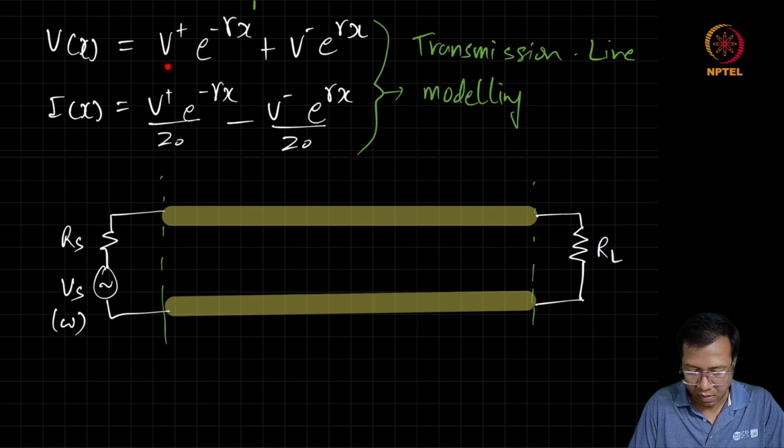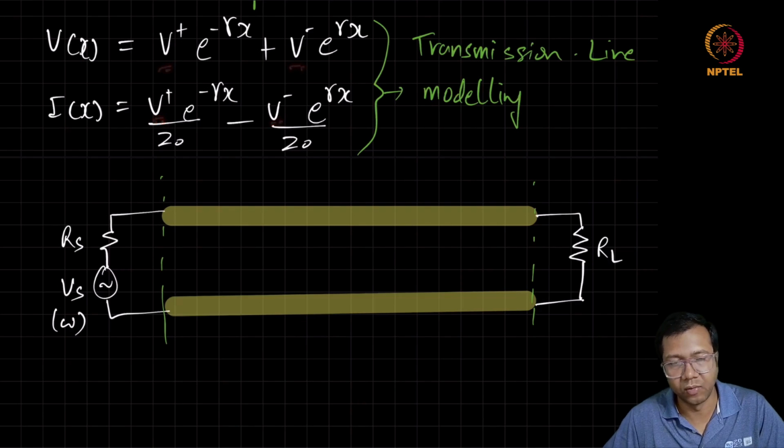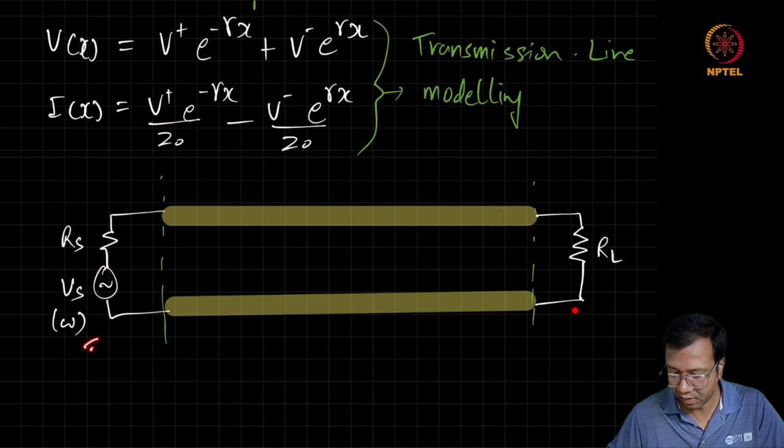And the only unknowns here are V plus and V minus, and these two unknowns can be found out with the help of source and load termination.